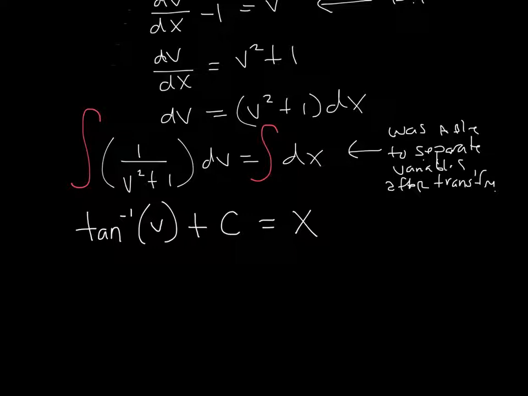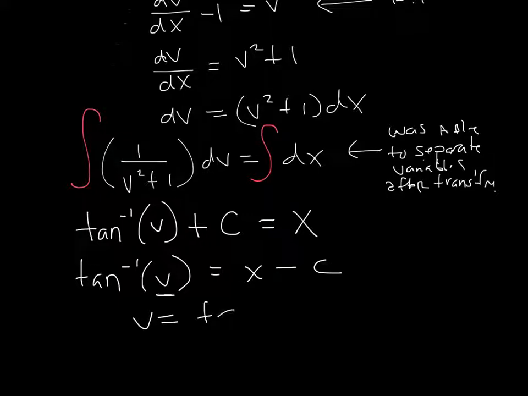So let's solve for v. Before we do that, we can just quickly move this c over. It's just some constant. Now, if I take the tangent of both sides, because I want to solve for v, I'm going to get v equals the tangent of whatever that angle is.